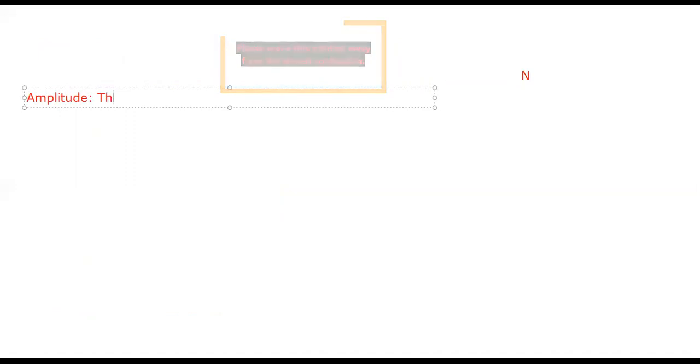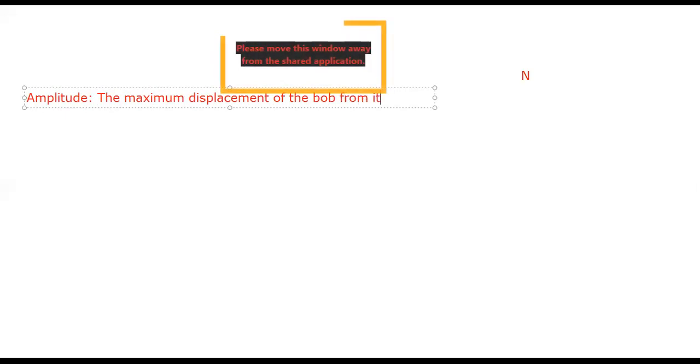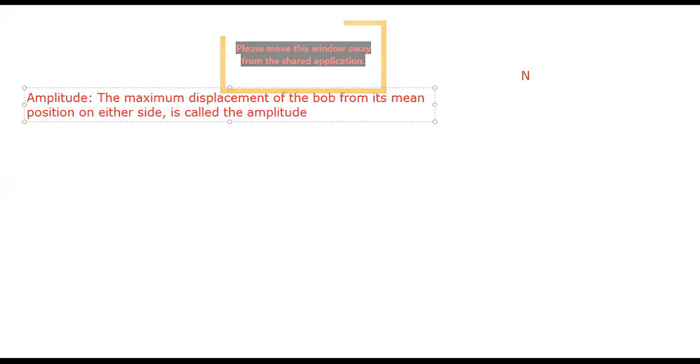Write down the maximum displacement of the bob from its mean position on either side is called the amplitude of oscillation.